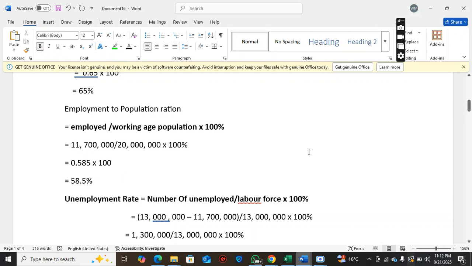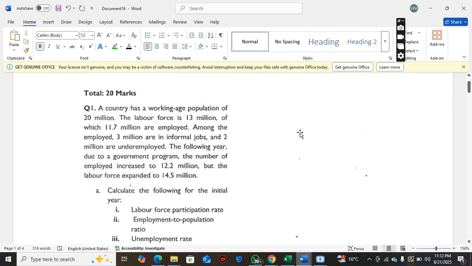Next, we have to calculate the unemployment rate. So we have to find the number of unemployed people over the labor force. To get the number of unemployed people, we look at the labor force here, 13 million. How many employed from there? 11.7 million. Remember, the labor force includes people who are employed and people who are not employed but actively looking for jobs.